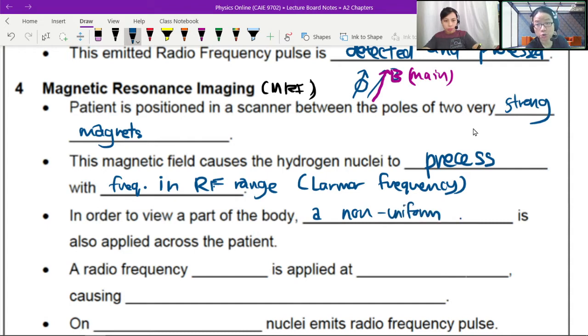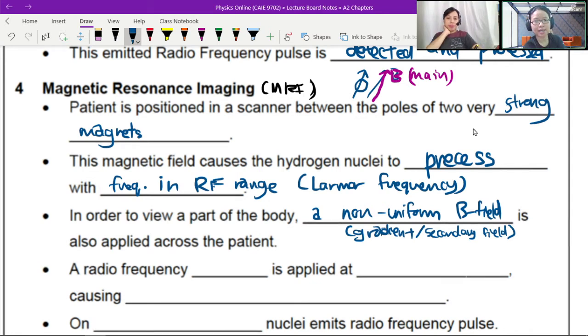Sometimes it is called the gradient field, sometimes the secondary field. In case you intend to study more of this, at least these are different ways to talk about the second field. It's not the main, big, large one. So there are two magnetic fields, strong and uniform, and then weaker and non-uniform.